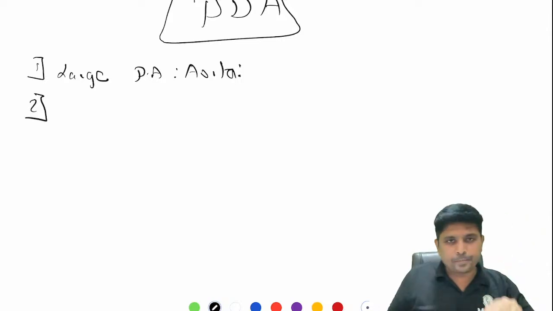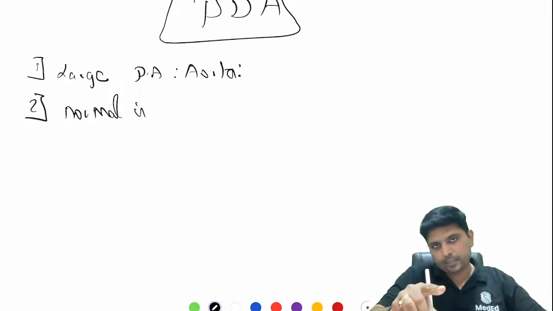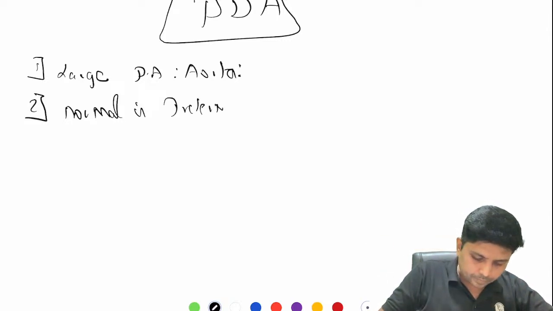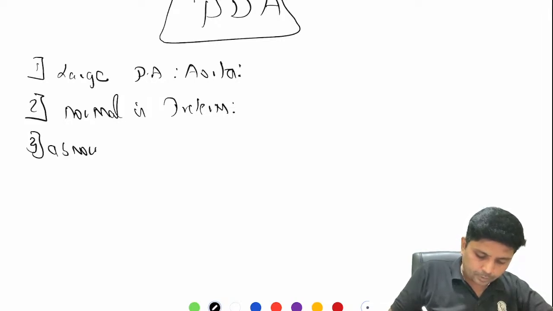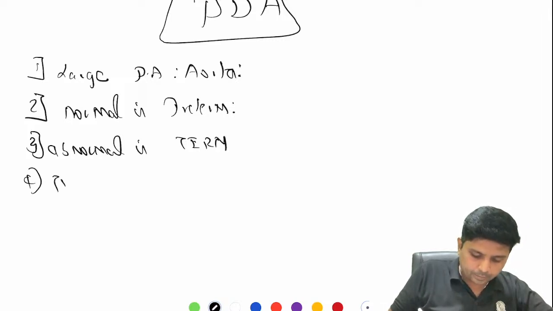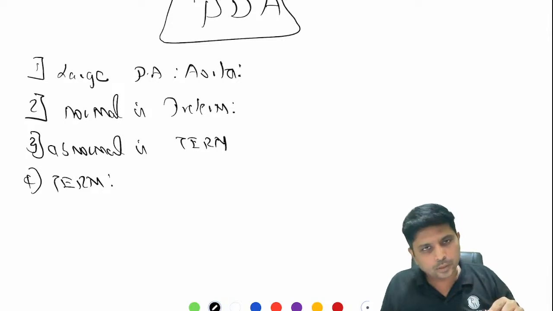So this PDA is normal in preterm, because usually the ductus arteriosus closes after birth, but it is abnormal in term. So in term always rule out things.